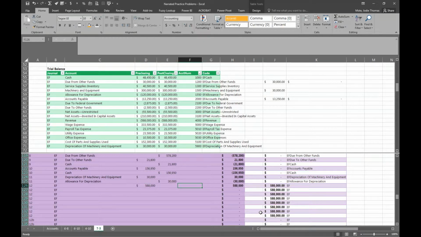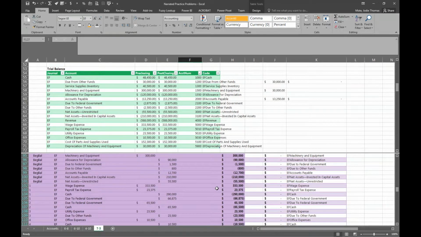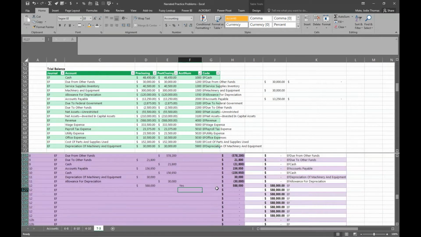But let's say yes right here. I think that's the closing entry. Why is it not closing revenue? Oh, because I haven't titled the account. There we go. You can see on the post-closing trial balance, it closed it out.